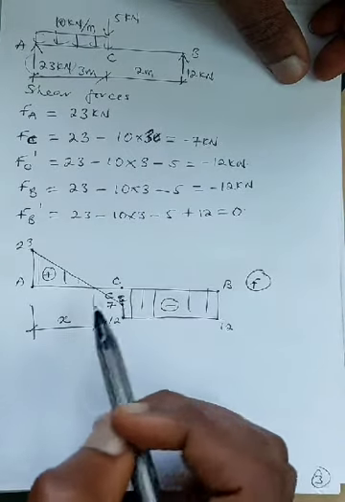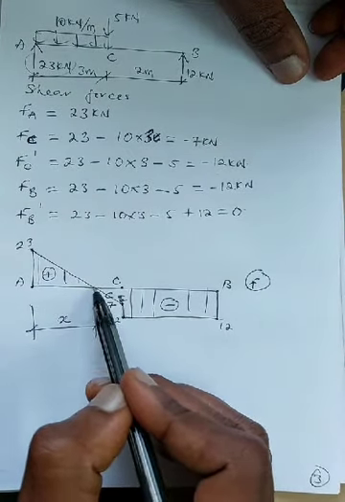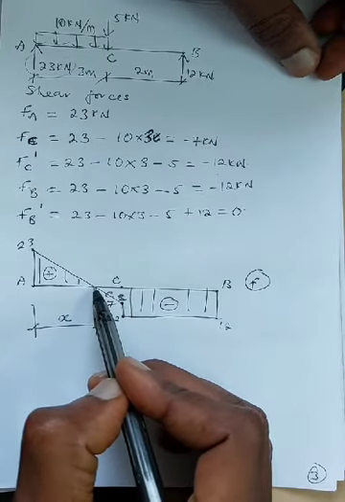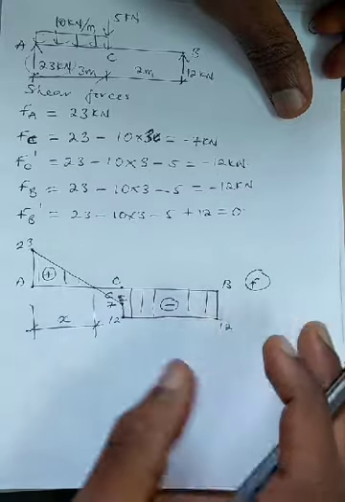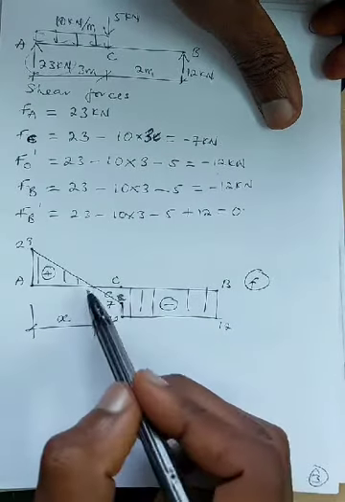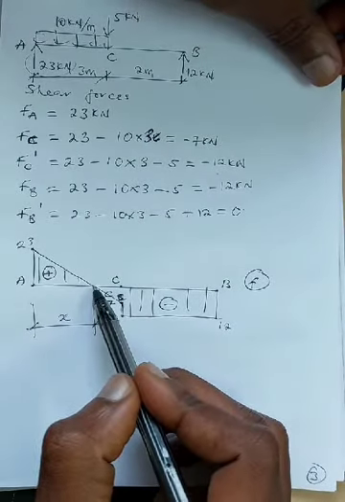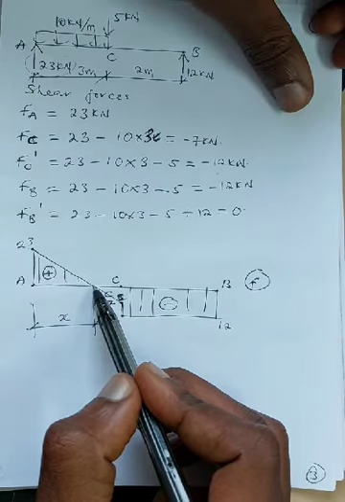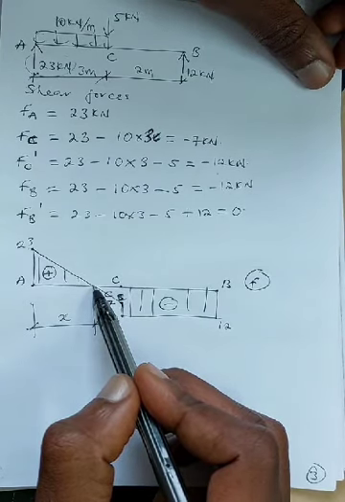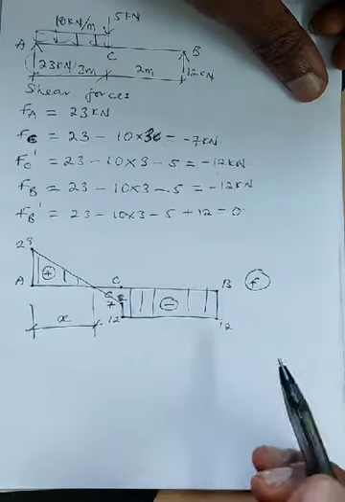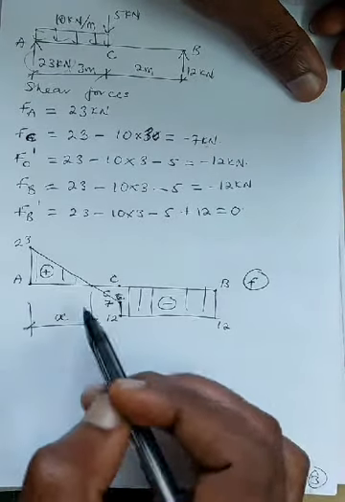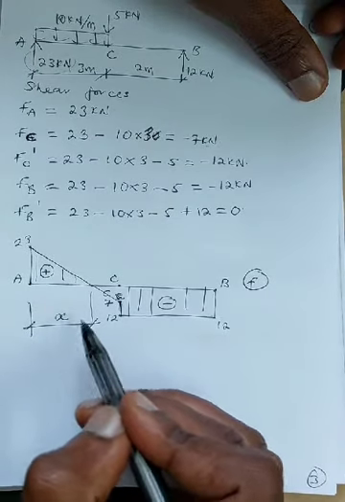And as I said, the point where the shear force is equal to 0 is of interest to us. Later we would get to understand that that is a point where our bending moment diagram has a peak point, or let's say a turning point. Sometimes it is a maximum, sometimes a minimum. So we need to find that point.